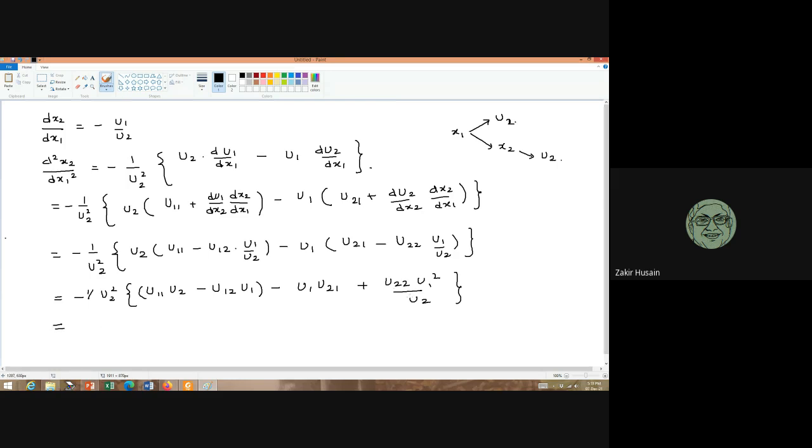So what we can do is we can take this u2 out also. In that case, it will become cube. So over here, u11 will become u2 square. This will become u1, u2, u12. This will become u1, u2 will now have to come, and this will become u21. And this is u22.